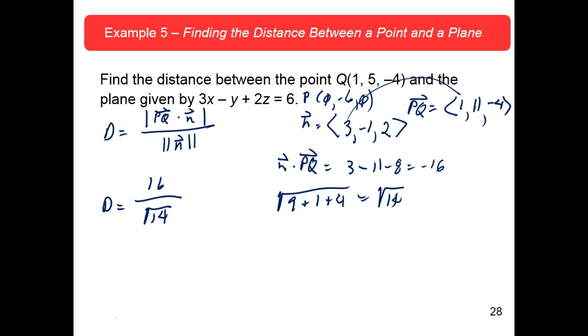All right. You can then determine the distance between the point Q and the plane AX plus BY plus CZ plus D is equal to 0.